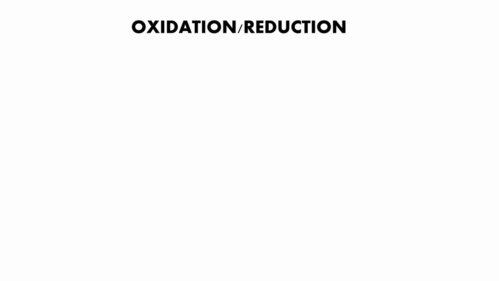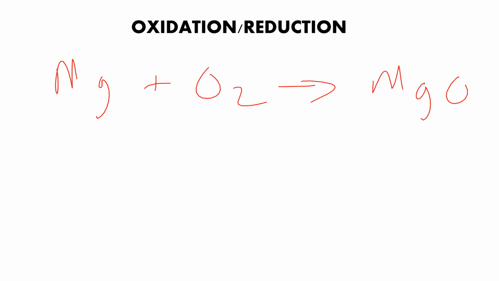Finally, what about assigning oxidation numbers to elements in compounds? How do we do that? That's important so that you can determine if a particular half reaction is an oxidation or a reduction. So again, using the magnesium oxygen reaction, all elements have got no charge, therefore they've got zero oxidation number.